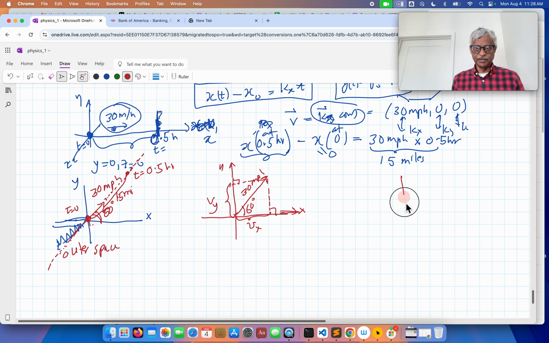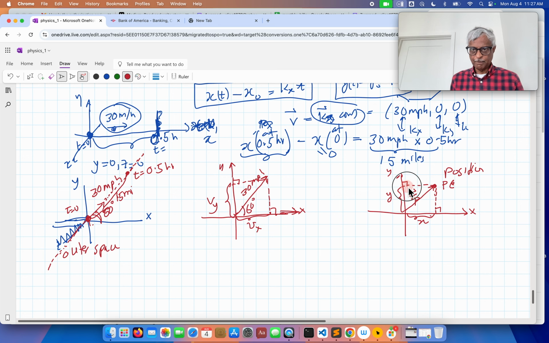Why? Remember position vector. So let's look at a position vector, x and y. Let's say some particle p was here and its coordinate was vector r at p. And so we could write in terms of its coordinate, this will be x by projection, and this will be y by projection.